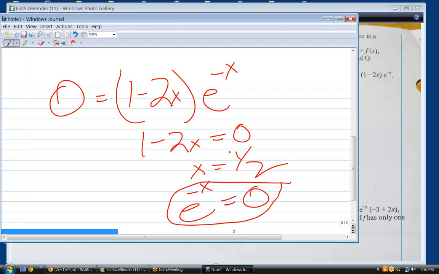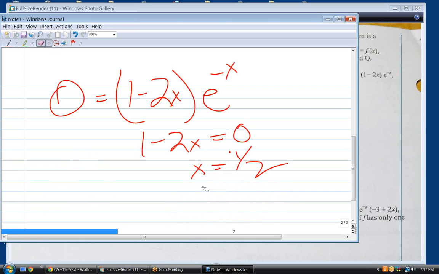If I take the number 2.71, no matter what exponent, even the minus 100 exponent, it's not a negative number, let alone 0. I can't make e to the minus x equal to 0. That's impossible. So there's only one solution here, and that's x equal to 1/2.